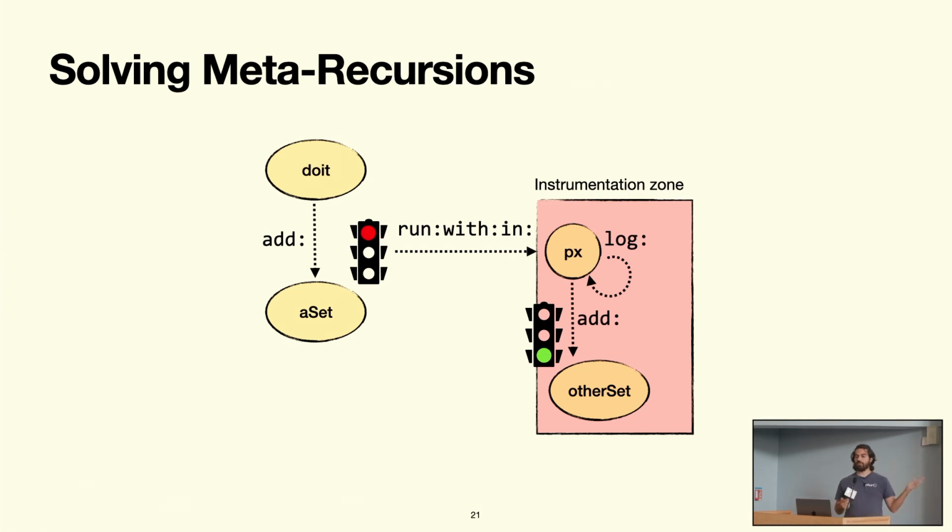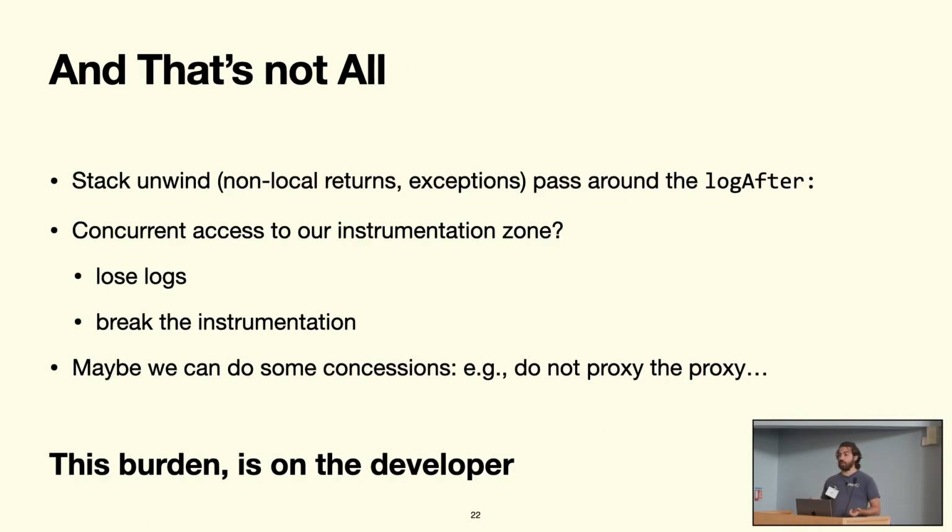So we need to implement support for this. One easy way to do it is to put a flag. But of course that is not so easy. We also need to handle stack unwinding, for example. What happens if you have a non-local return? You need to be able to unset the flag when there's a non-local return or when there is an exception.